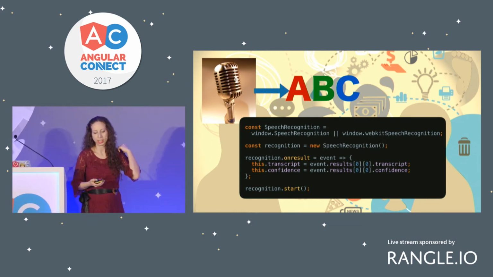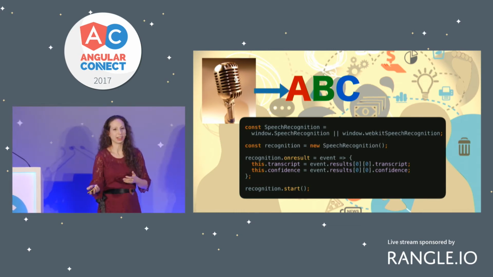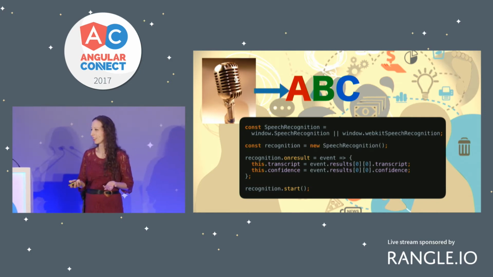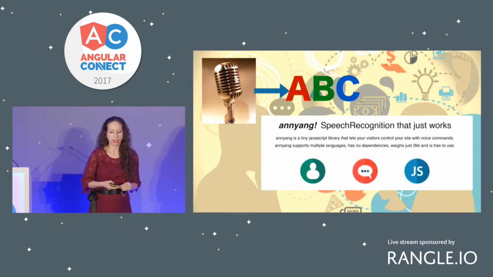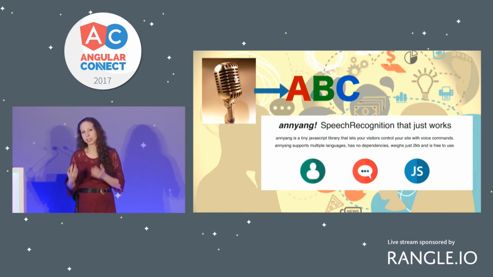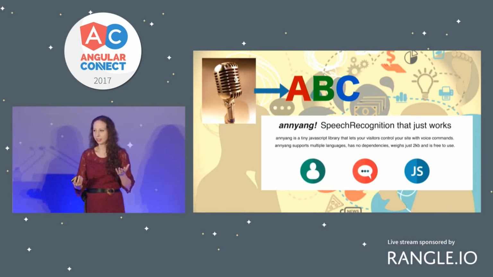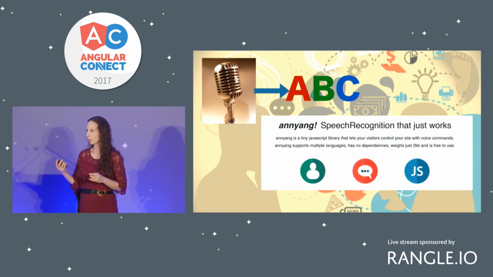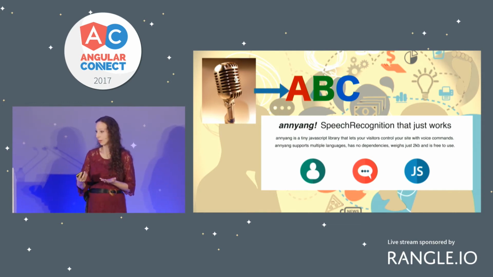And of course, in other browsers, it's just not there yet. But we still can use it wherever we can. And there is a great library that can help you take it to the next step.